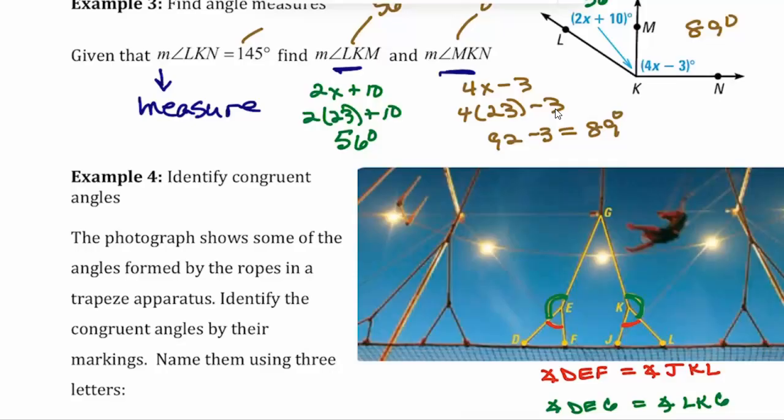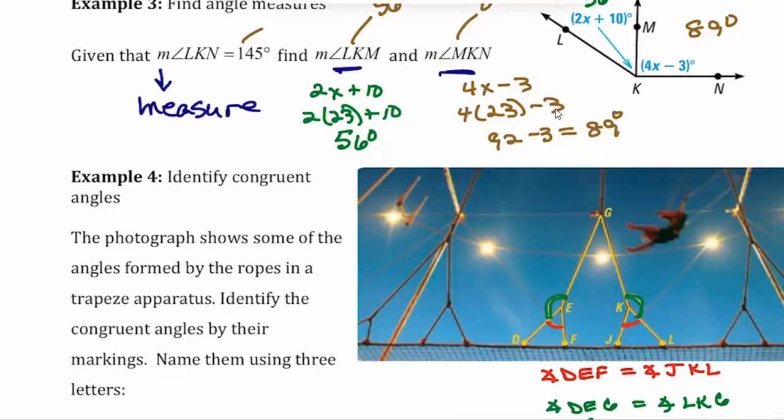So let's see what they say. They tell us that if the measure of angle DEG is 157, so if this guy is 157, what's the measure of angle GKL? Well, can't you write this angle as this?